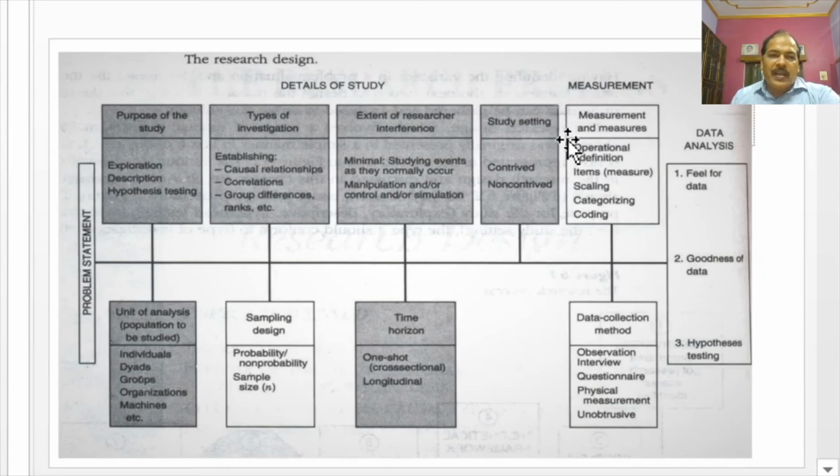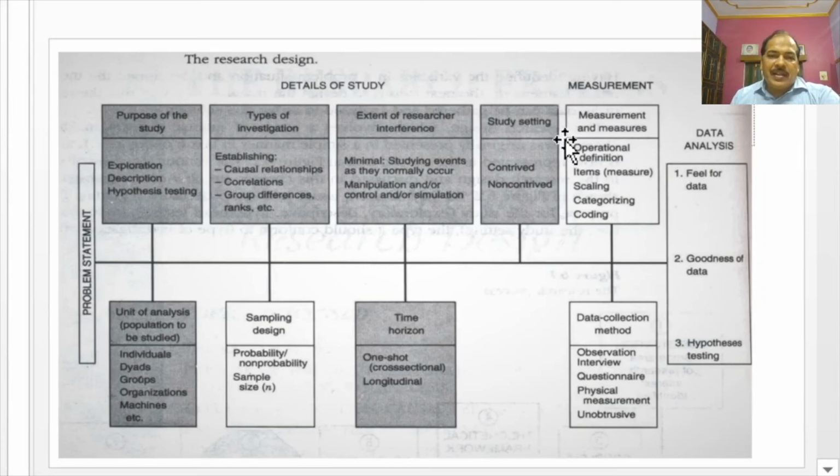In this way, the particular research design can tell us a lot about what type of statistical analysis we are going to use in that study. For example, if we have a predictive or contributory relationship type of study, we can go for regression or correlation.